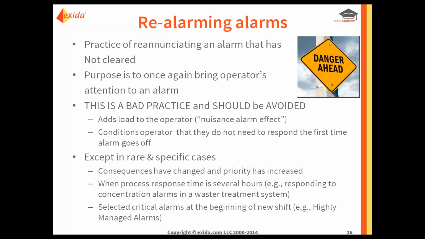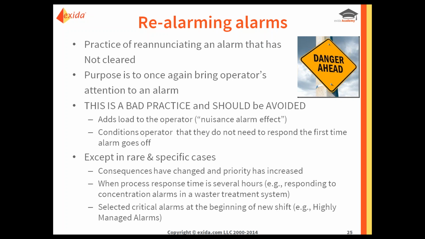So what are some examples? Well, you might have a case where an alarm occurs, it is not cleared or not corrected, and now the consequences have gotten significantly worse. So now you may want, to the degree that the priority of the alarm is actually escalated, to re-enunciate that alarm to say, hey, this alarm is still active, and guess what?